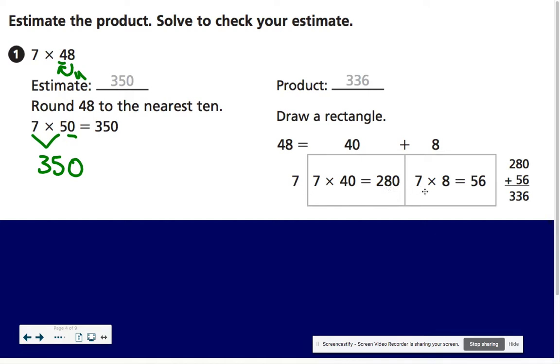The next box is 7 times 8. 7 times 8 is 56. When I add them together, I get 336. Notice between 336 and 350, there is not a huge difference. We're talking about numbers in the hundreds, and these are only off by less than 20.